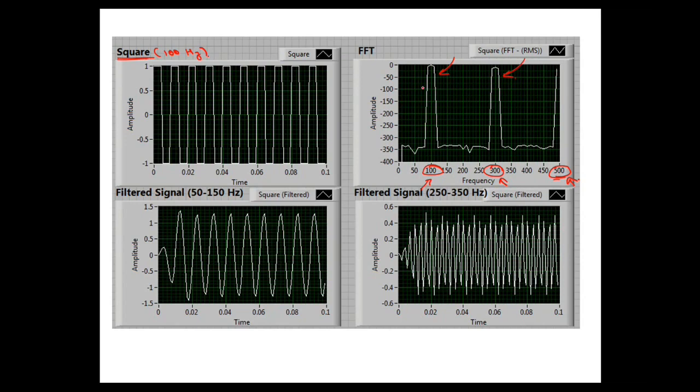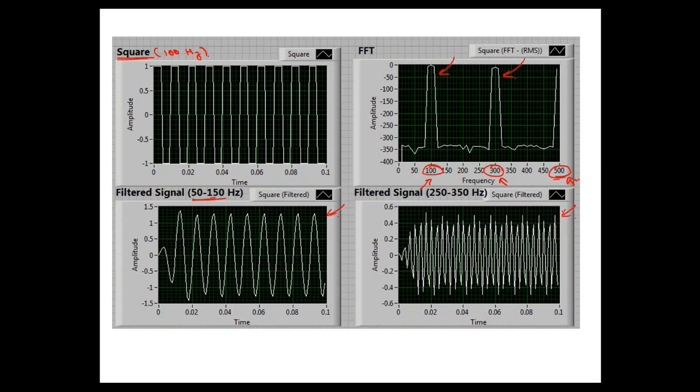Now, if we apply a bandpass filter around 100 hertz, say we take 50 to 150 hertz, and filter it, we get a sinusoidal wave. Then again, if we take the next peak and design a bandpass filter around the central frequency, or the resonating frequency, of 300, we get another sinusoid in the second case also.